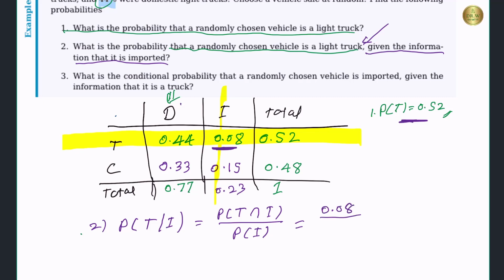Then we need the probability of I, imported. What is the total probability of imported? It is here, right? Therefore, it is 0.23. That is the probability of imported. So this is 8 over 23. You can write this as a decimal, 0.35. So that is the probability of truck given it is imported.